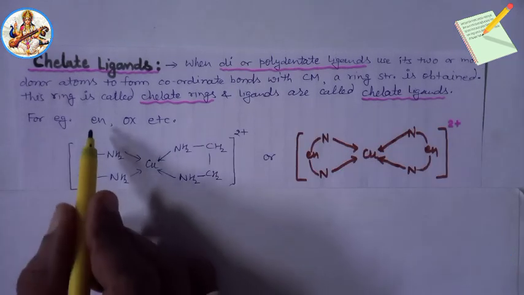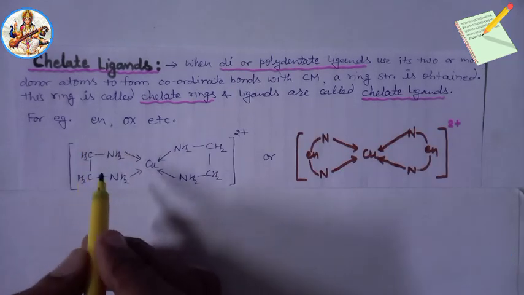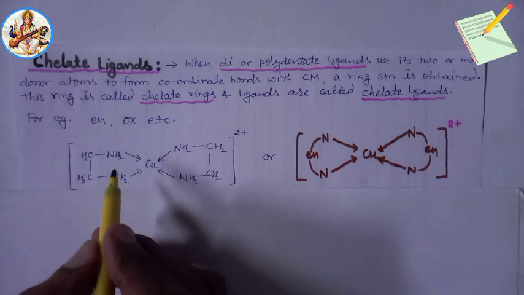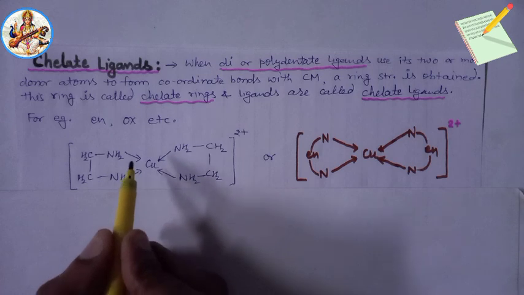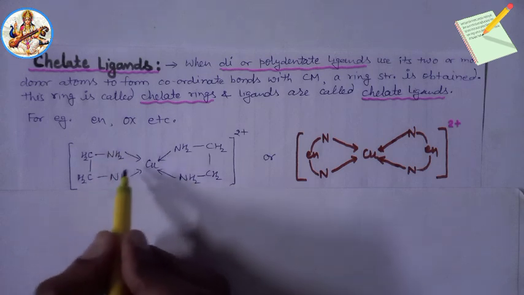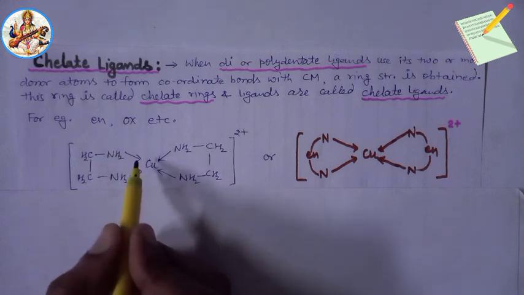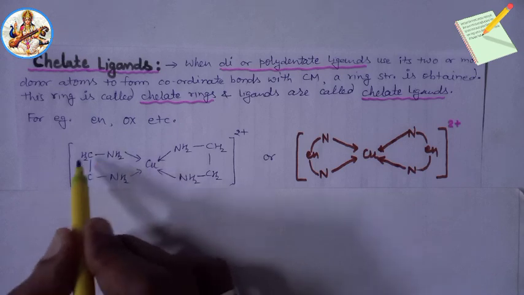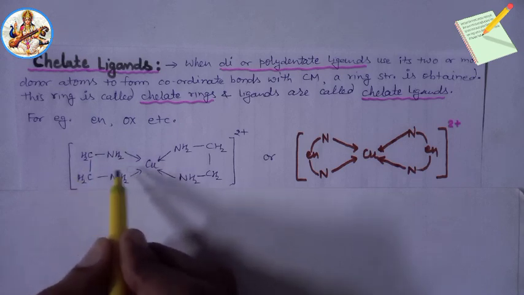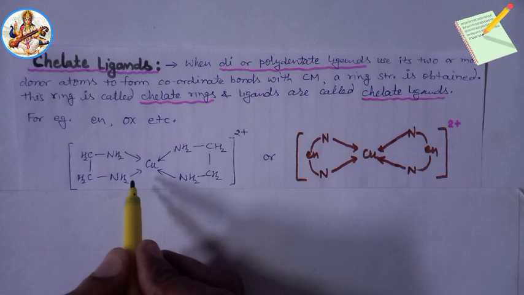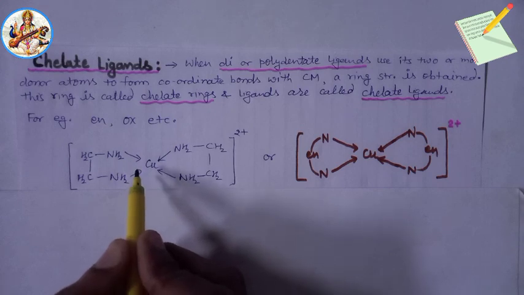When ethylene diamine attaches to a Cu2 plus ion through two NH2 groups, it forms a ring structure. Then the ligand is called a chelating ligand, and the complex is called a chelate.